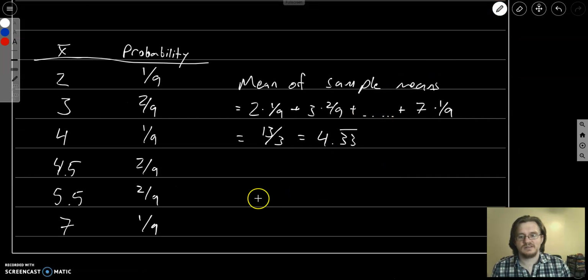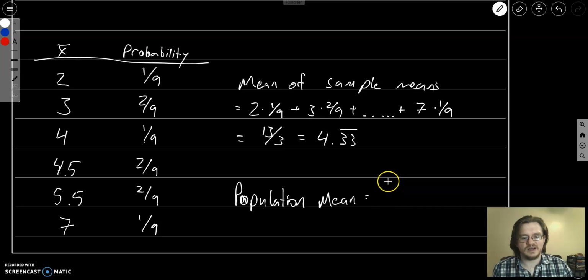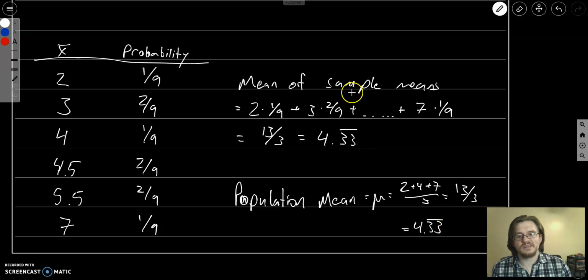Well, the population mean, mu, the average, is going to be 2 plus 4 plus 7 divided by 3. Well, that's just 13 thirds, which is the same. So the mean of the sample means is exactly the same as the population mean.